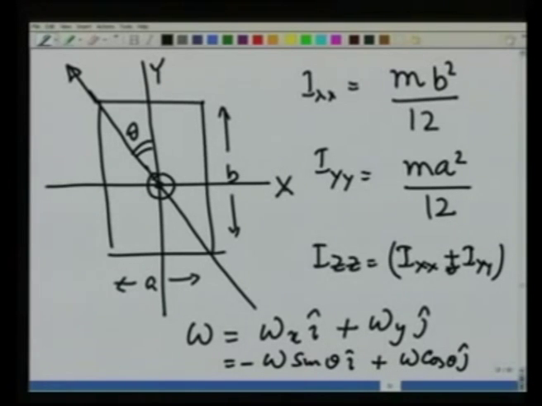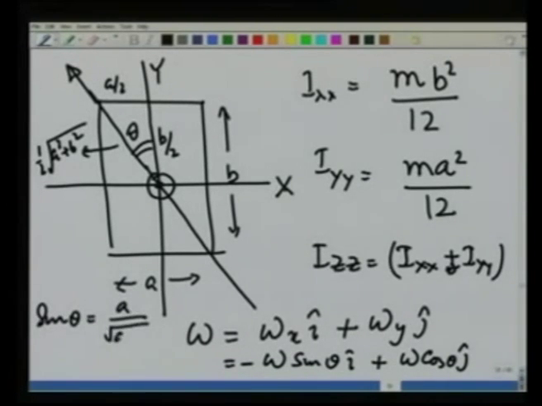Sin theta and cosine theta are easy to calculate because these distances are known. This is b by 2, this is a by 2, and this is going to be 1/2 square root of a square plus b square, and therefore, sin theta is equal to a over square root of a square plus b square, cosine theta is equal to b over square root of a square plus b square.